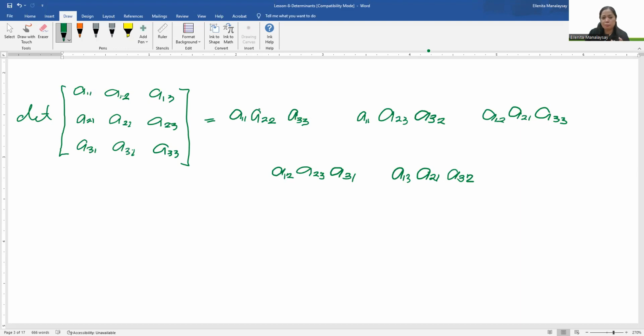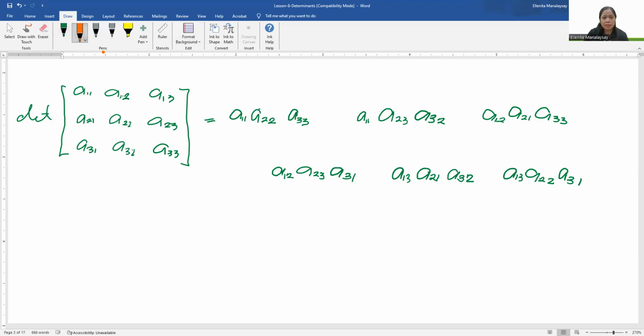So may representative from different rows, different columns. Pero pwede rin naman sa A13, kanina A21, ano? Kung A13, pwede naman sa A22. A13, A22. So, sa third row is A31. So, these are the possible arrangements.